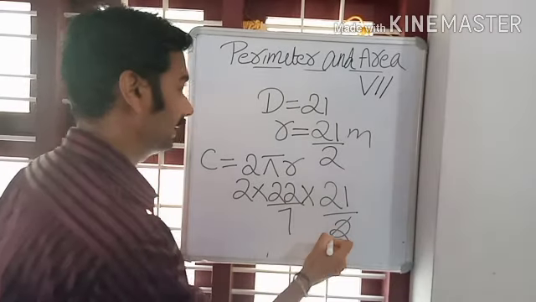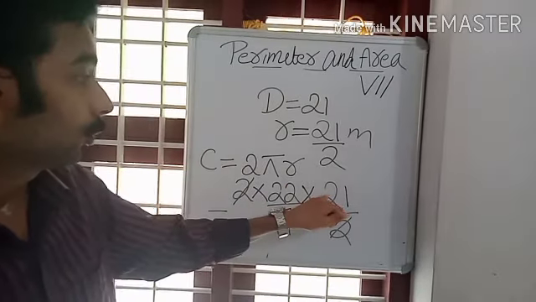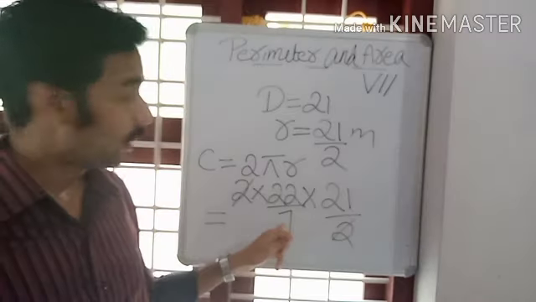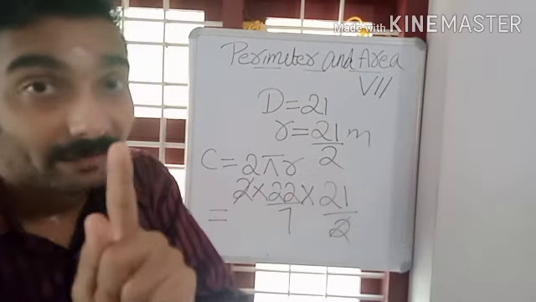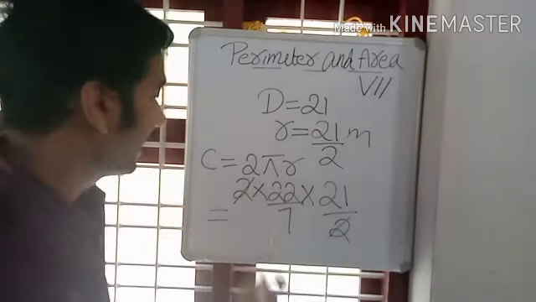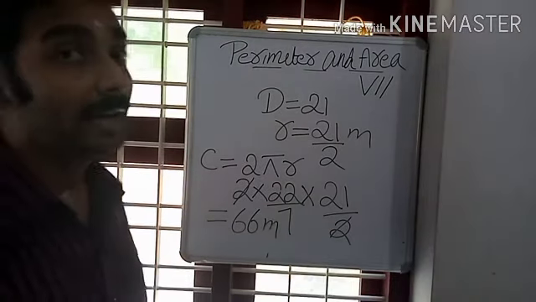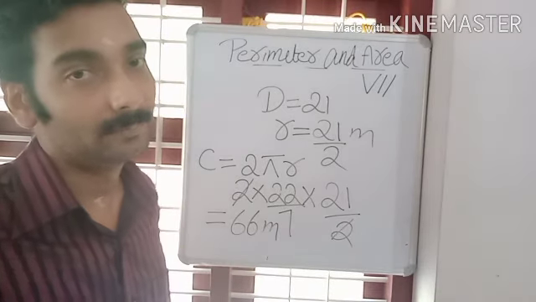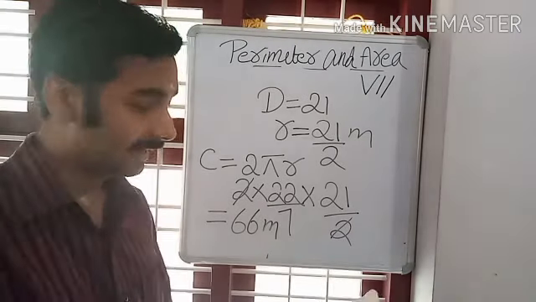Then cancel. 22 into 21 divided by 7. The answer is 66 meter. Do the calculation in the notebook. Circumference is 66 meter.